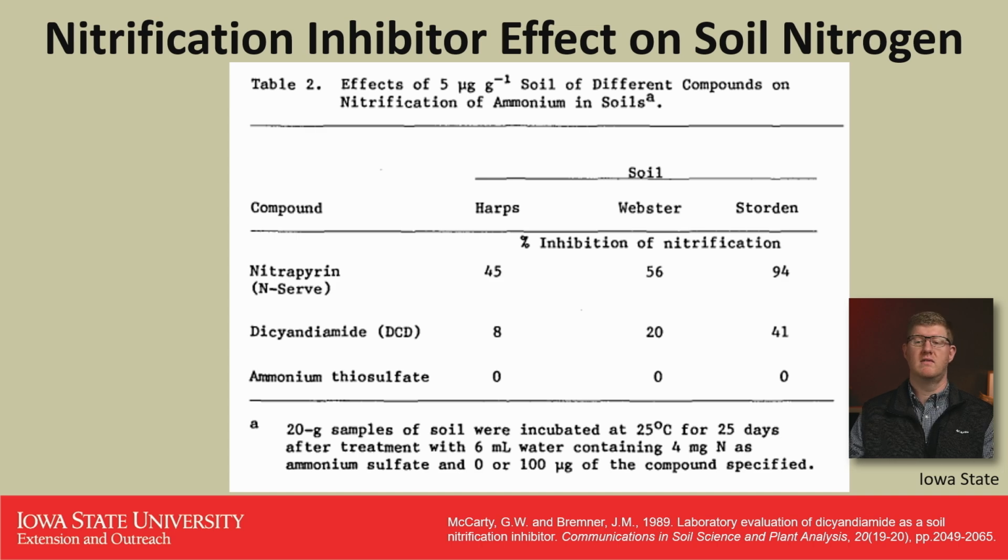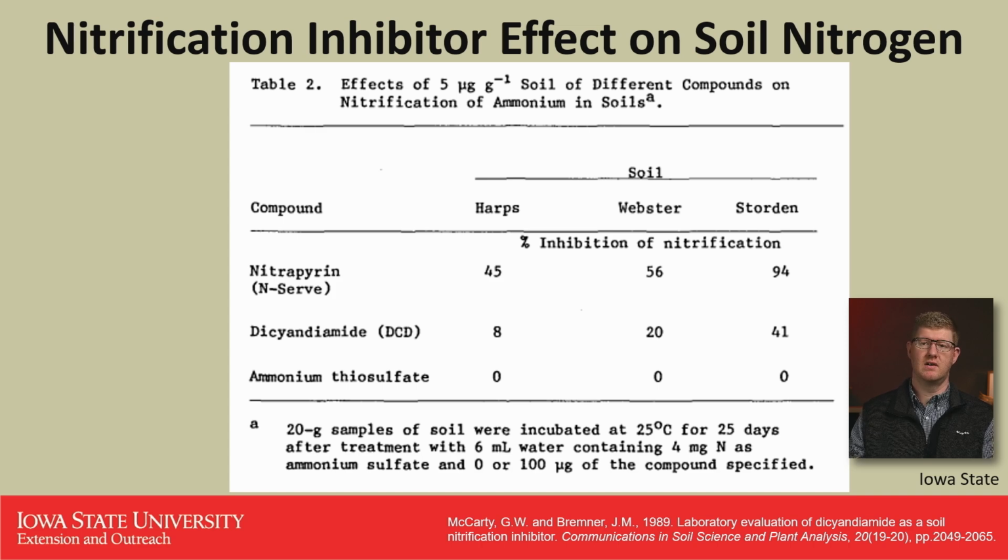So even back in 1989, they highlighted that ATS wasn't really providing any nitrification inhibition. And the second thing to highlight on this table is that regardless of soil type, nitrapyrin was always about 2 to 5 times more effective at inhibiting nitrification, so keeping the ammonium as ammonium, than DCD was.